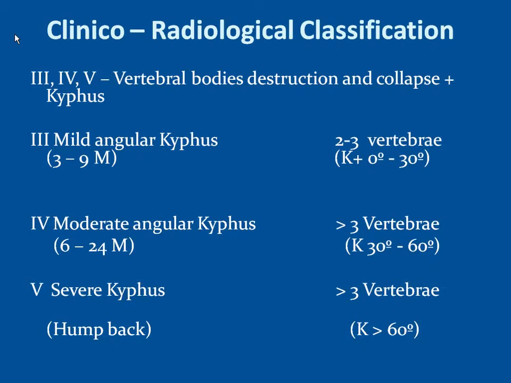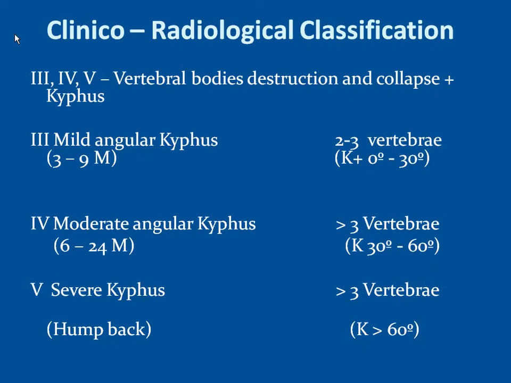So clinically, as the disease further progresses, radiologically you have increase in vertebral body destruction and a collapse taking place, resulting into a kyphus of various degrees. A mild angular kyphus suggests about 2 to 3 vertebral involvement, which is normally about 30 degree or less than 30 degree.